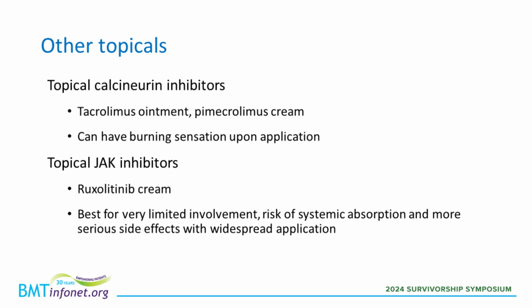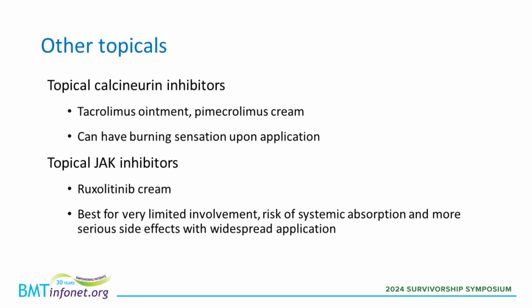One caveat is that these can sometimes produce a bit of a burning sensation when applied on the skin. So generally we'll have patients test a small area before putting it in all the affected areas. Sometimes we'll also mix it with something like petroleum jelly or a cream-based moisturizer to dilute it a bit. This is a very nice option because it's very safe to put in sensitive areas like around the eyes, for example.